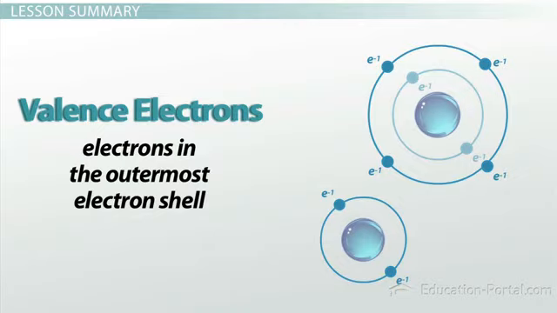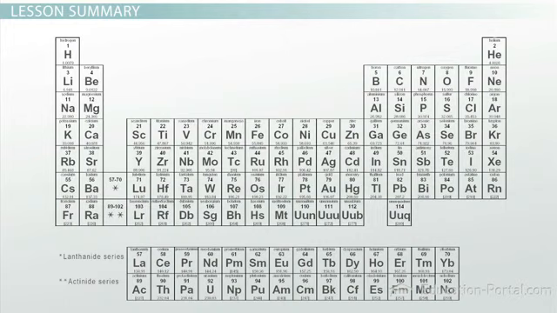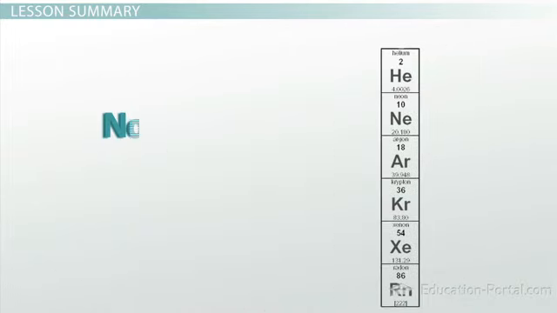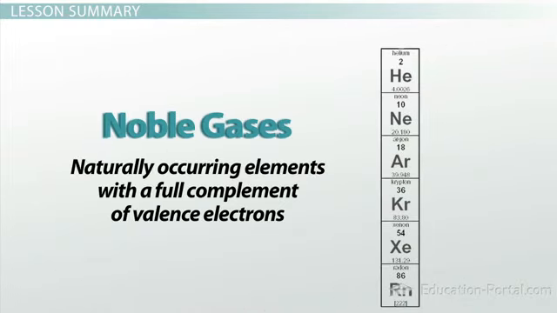And finally, we've learned a little bit about the organization of the atoms in the elements in the periodic table and how the atoms without a complete valence shell aspire to be more like the noble gases, which have a full valence level.